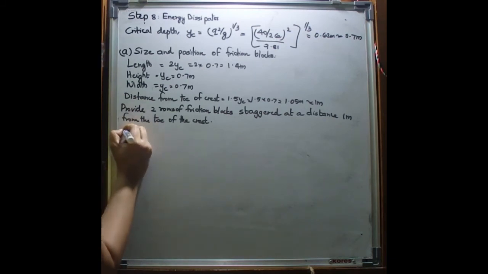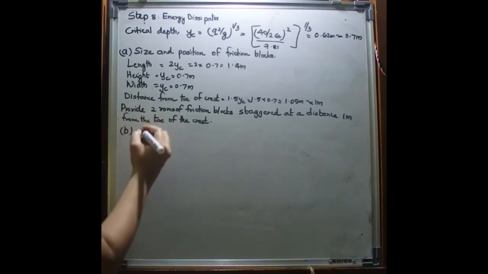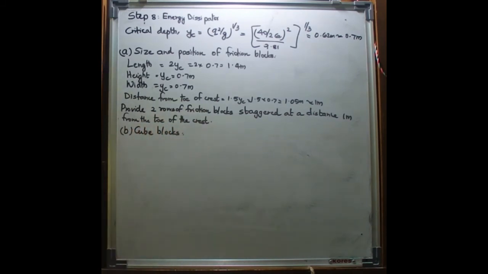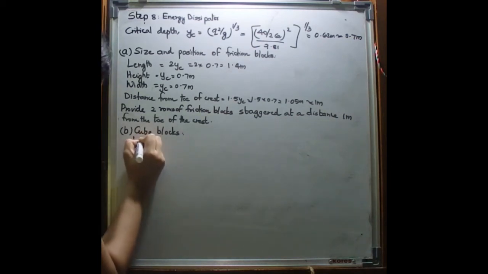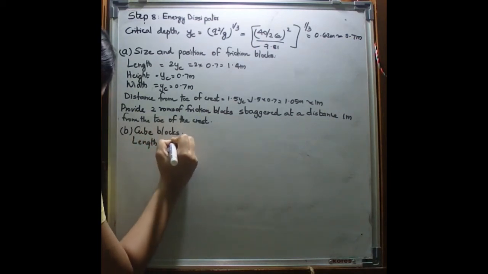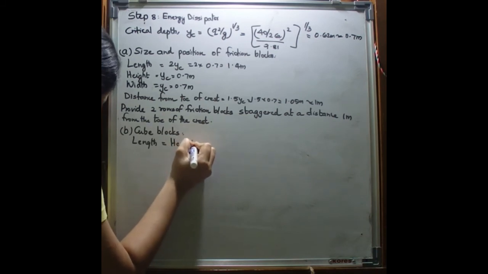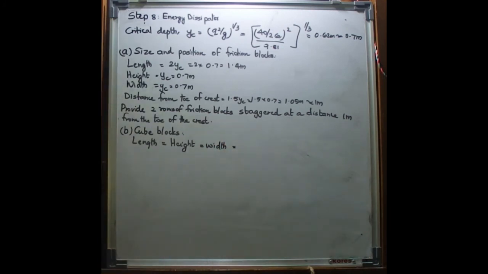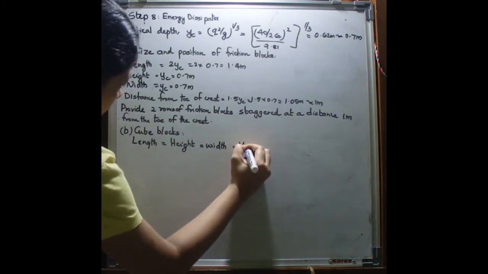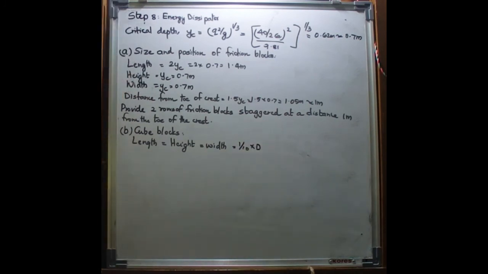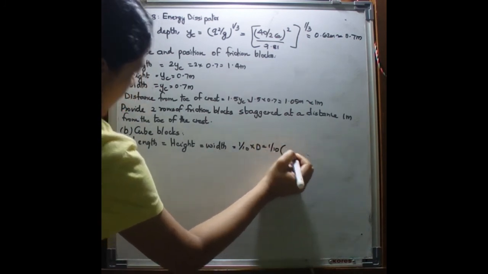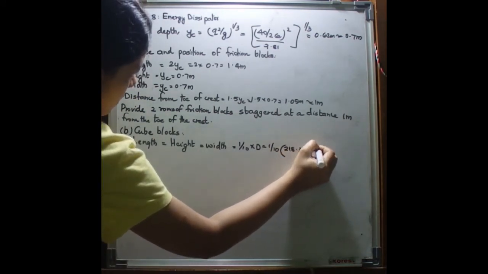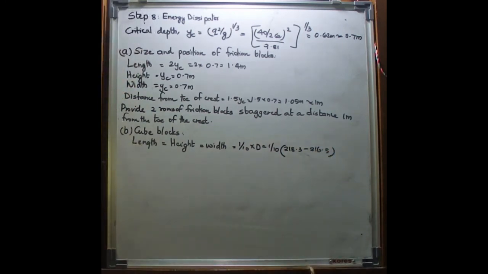Then we provide cube blocks whose length equal to height equal to width equal to 1/10 into d, that is 1/10 into (218.3 minus 216.5).